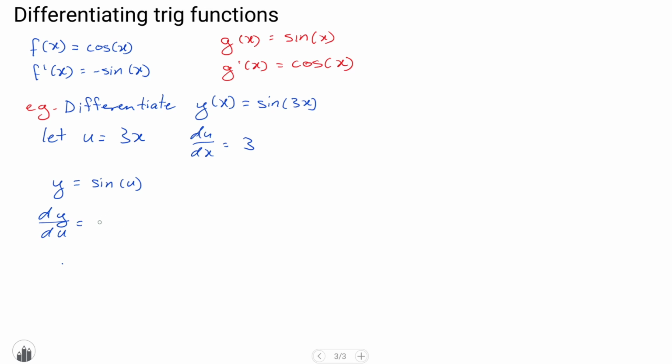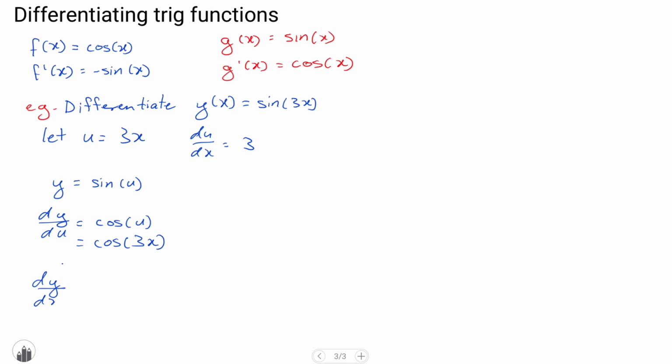So that means we get cosine u, which, since we defined u as 3x earlier, is the same as cosine 3x.